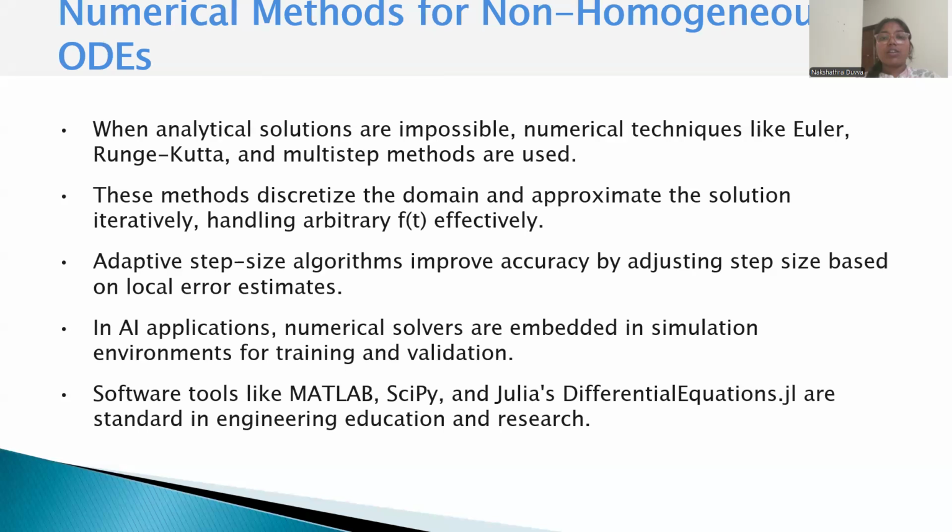Adaptive step size algorithms improve accuracy by adjusting step size based on local error estimates. In AI applications, numerical solvers are embedded in simulation environments for training and validation. Software tools like MATLAB, SciPy, and Julia's DifferentialEquations.jl are standard in engineering education and research.